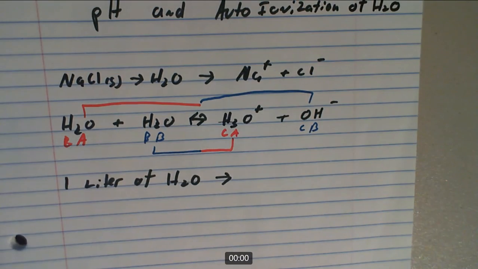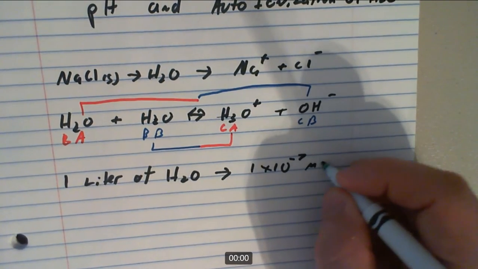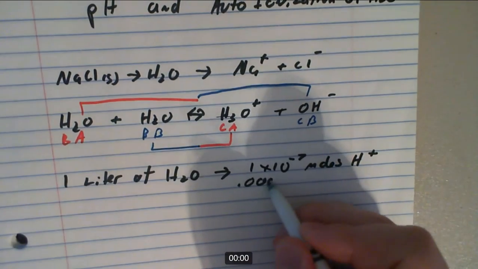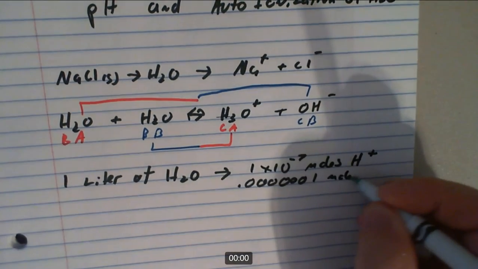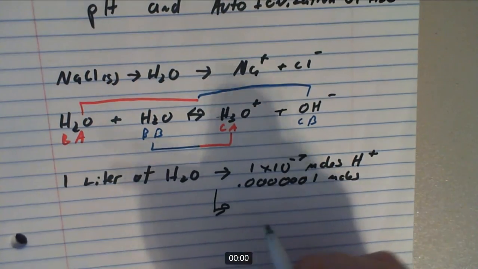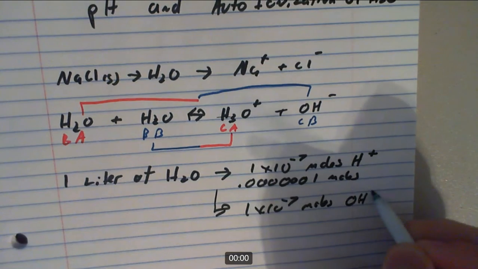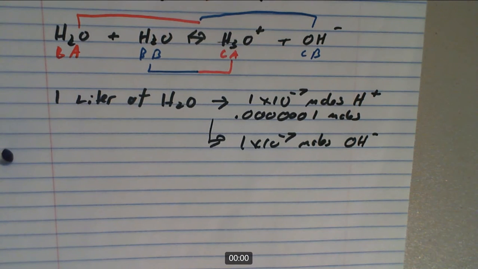So in 1 liter of water, I have about 1 times 10 to the negative 7 moles of H+. That is 0.0000001 moles. That is not a lot. 1 liter of water will also get me about 1 times 10 to the negative 7 moles of OH-. So water self-ionizes, but not very much, which is why it's not dangerous to drink water.